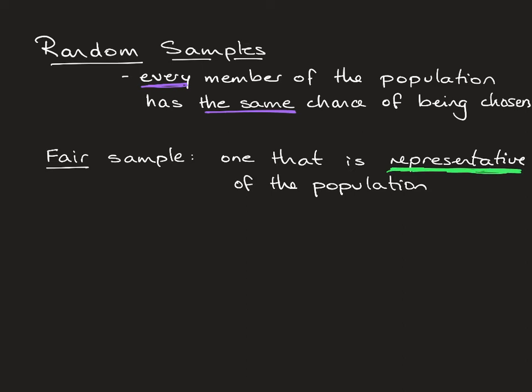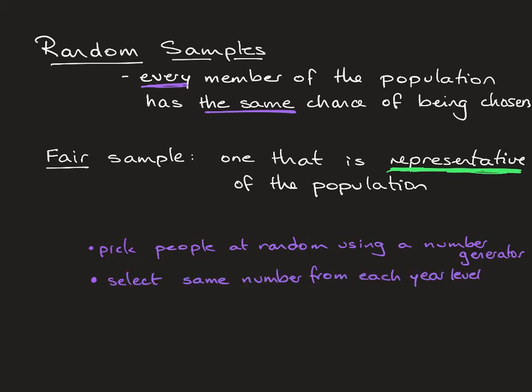So if I wanted to know what the favourite ice cream flavour was for a particular school, how do I select my sample? Do I just randomly generate some numbers and pick people at random? Do I go through and select the same number from Year 7, Year 8, Year 9, Year 10, the same number from each?